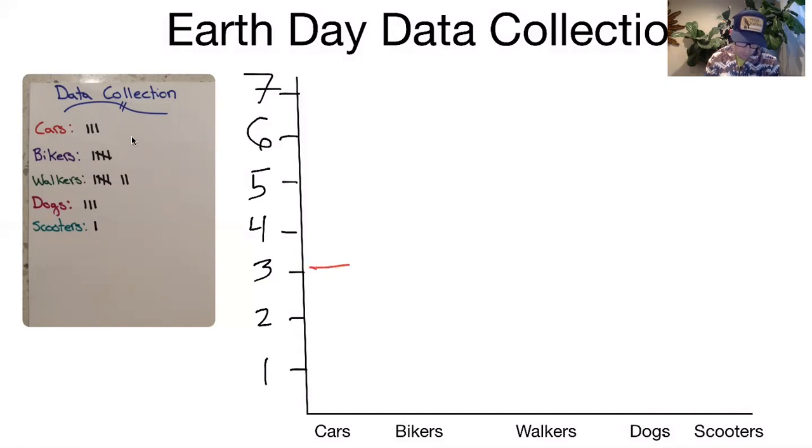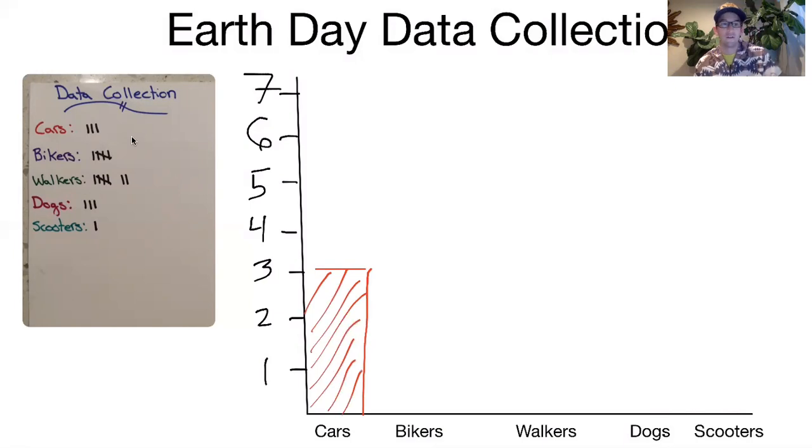So I'm going to go up to 3, and I can use some diagonal lines to fill it in. This is showing that I saw 3, so that's where the height of my bar stopped. And it was in the cars section.